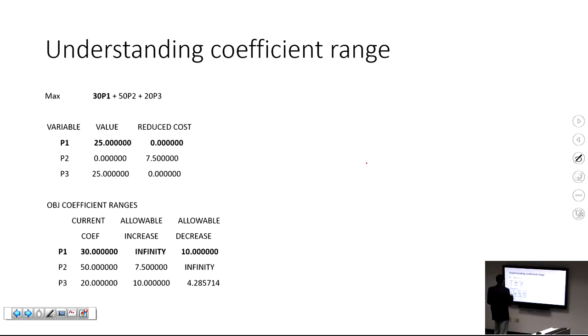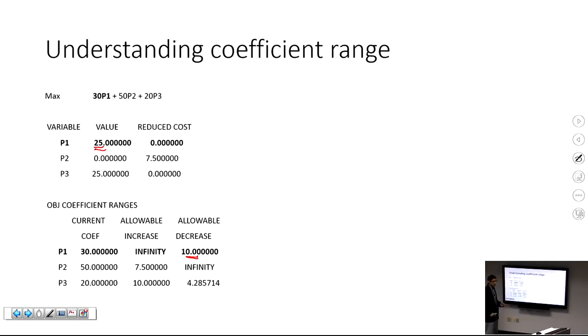Looking at product 1, they are paying you 25. If they pay you less, you would make fewer of product 1, because now you are not earning as much on product 1. But how large does this reduction need to be? That's what the allowable decrease is.